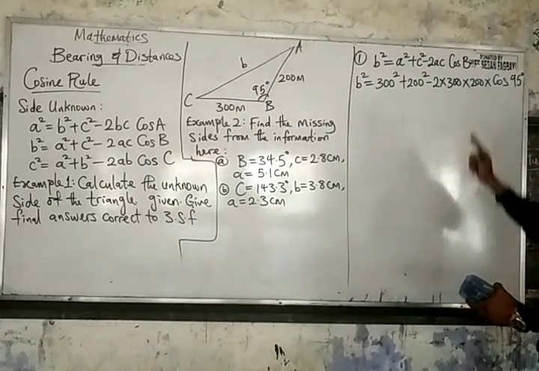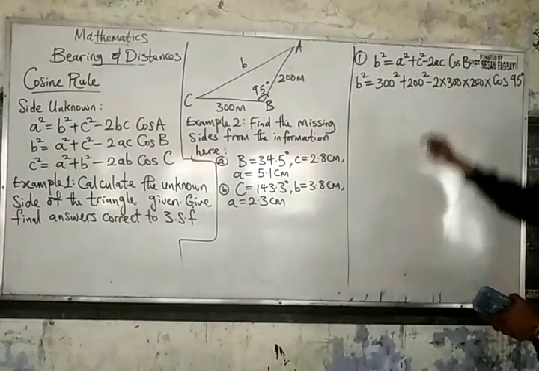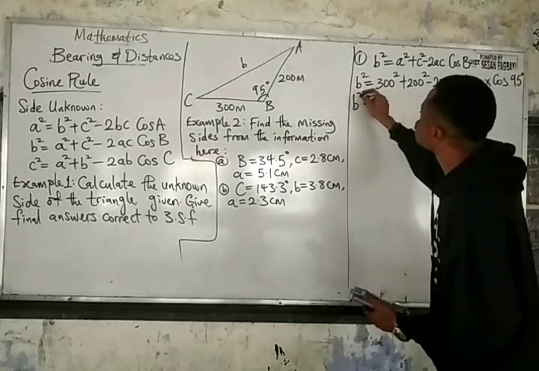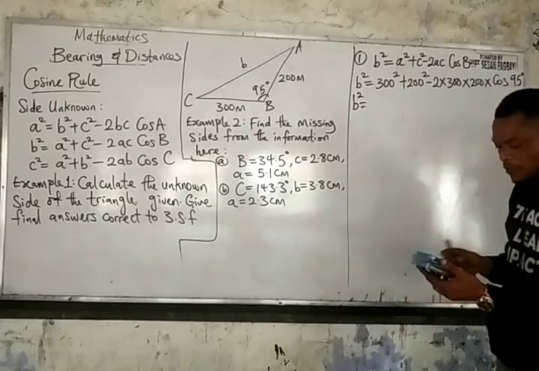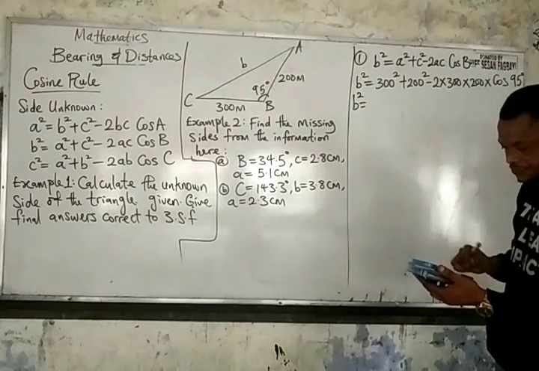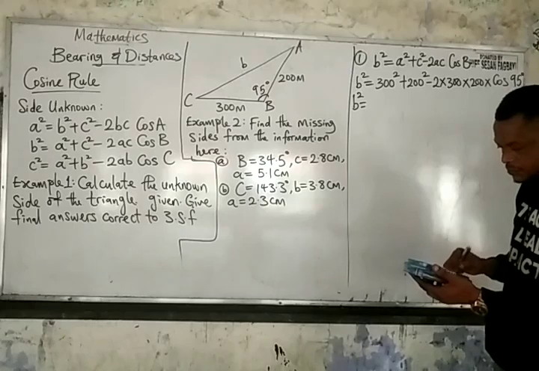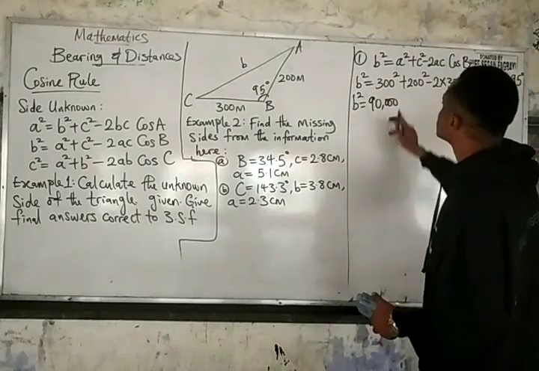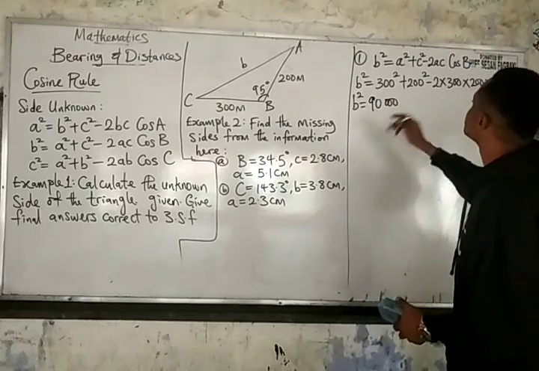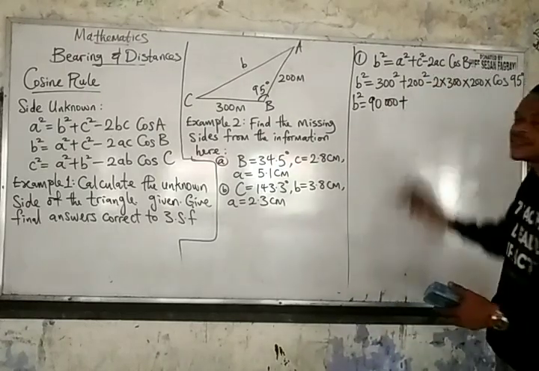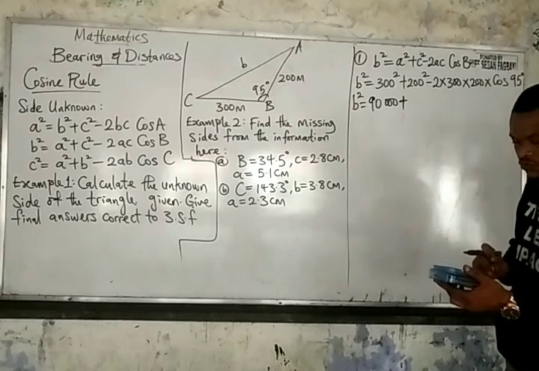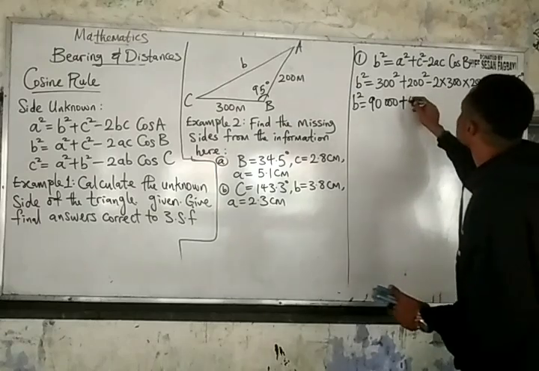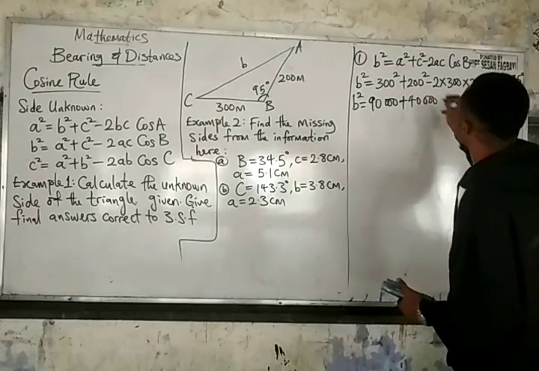Now let's come back to this. Upon identifying our variables, we now need to solve them one by one. We have B squared equals 300 raised to power 2, which gives us 90,000. Then plus 200 raised to power 2, that will give us 40,000.